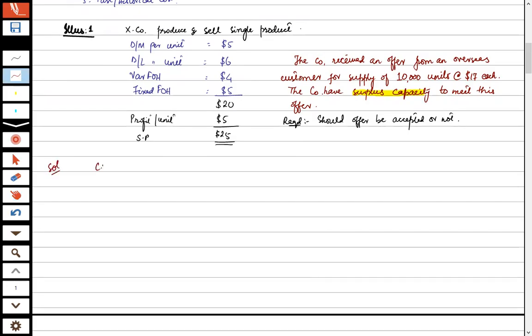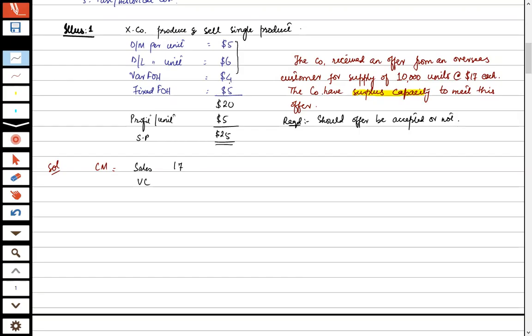So if we calculate the CM on the basis of this selling price, in the solution we have to calculate CM. In this situation, sales is 17 per unit, and these are the variable costs.